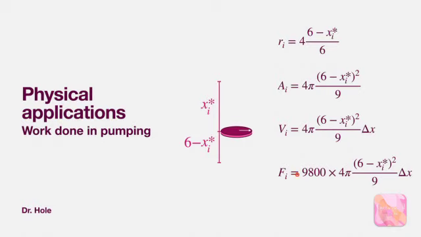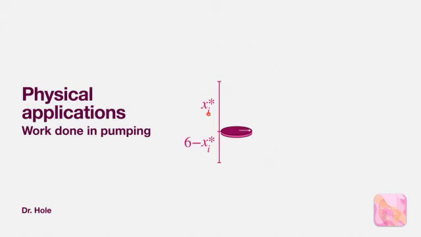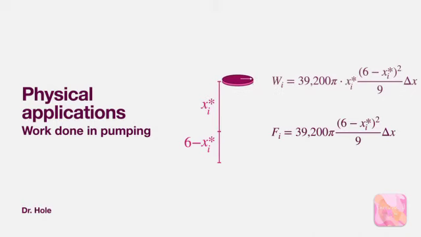And then if we multiply this force by x i, then we can come up with the work required to lift that water from its original location to the top of the cone.